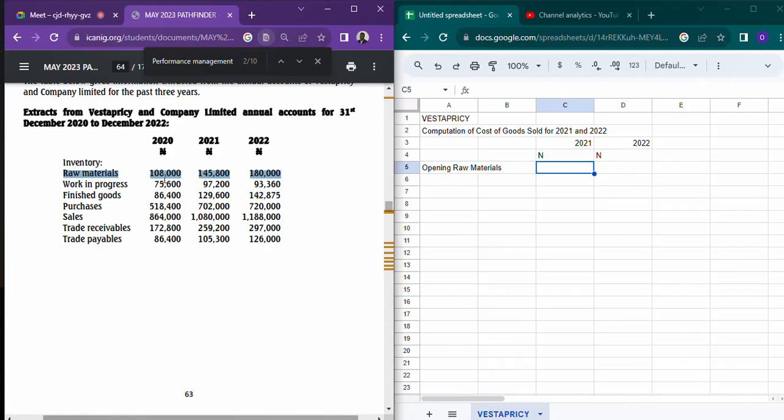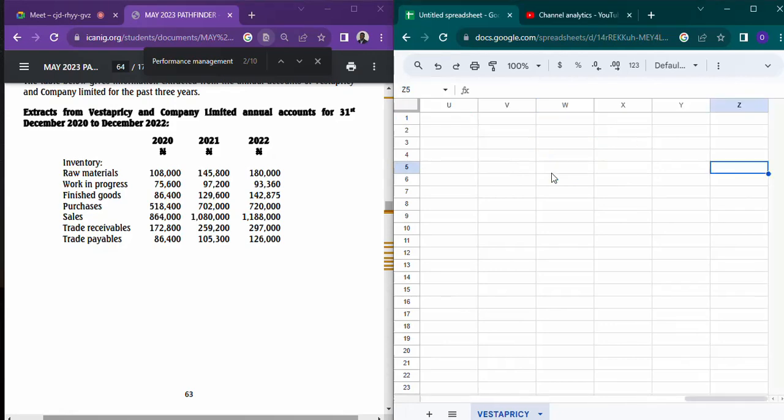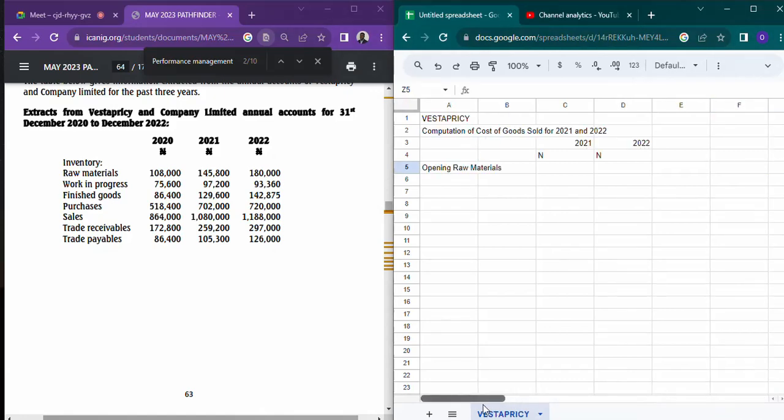So you have 108,000 as the closing balance for 2020, and that becomes the opening balance for 2021. 145,800 is the closing balance for 2021, and that becomes the opening balance for 2022. Is that clear enough? So we have 108,000.